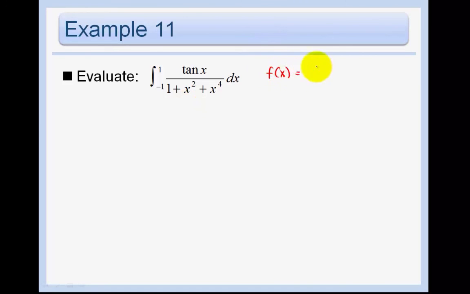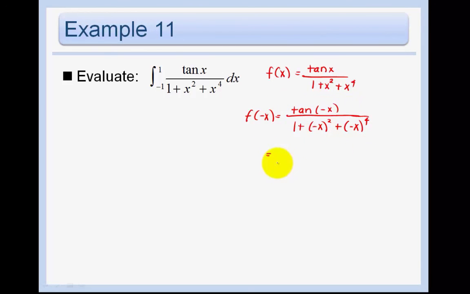Let's check it out. f of negative x equals tan of negative x over 1 plus negative x squared plus negative x to the 4th. Hopefully you remember that the tangent function is odd. The tangent of negative x is negative tan x.